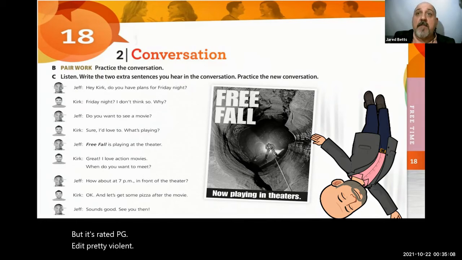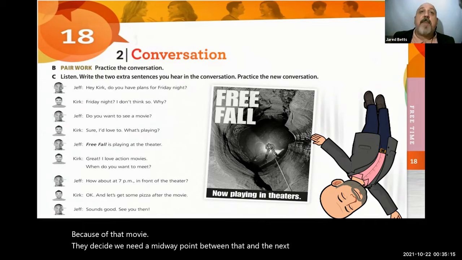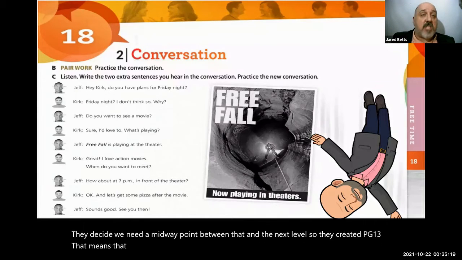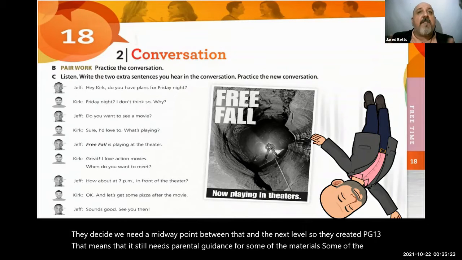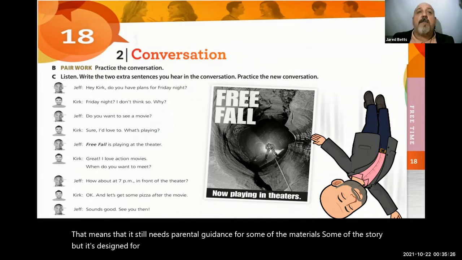Because of that movie, they decided we need a midway point between that and the next level. So they created PG-13. That means that it still needs parental guidance for some of the material, some of the story, but it's designed for an older group of children, kids who've seen more things, about 13 years of age.